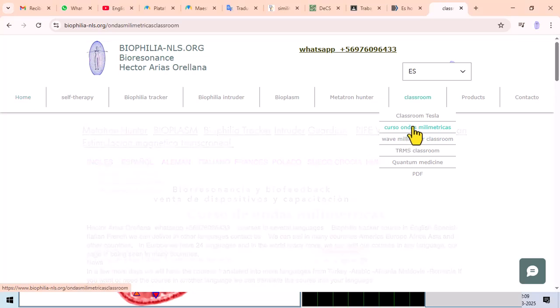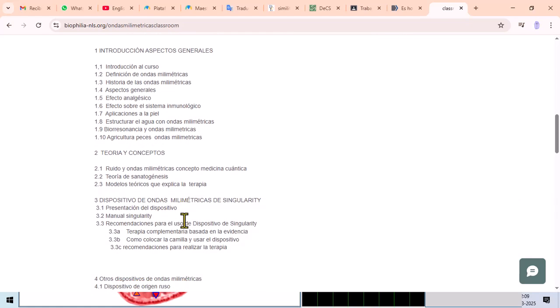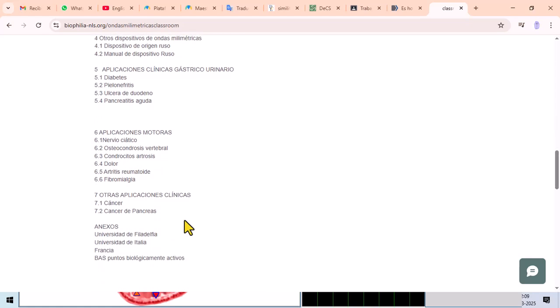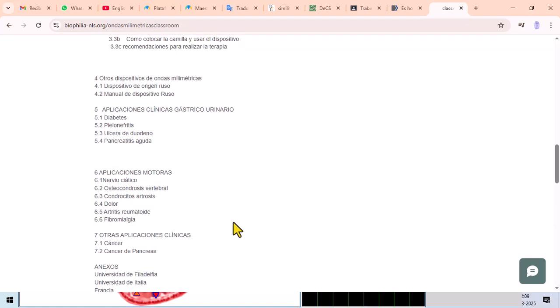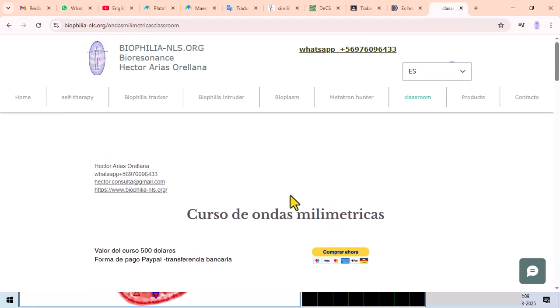In the millimeter wave course you will be able to find all the historical, theoretical, conceptual aspects of millimeter waves and the different publications that appear on the World Health Organization portal, which will allow you to have a complete knowledge of millimeter wave therapy as a quantum medicine.